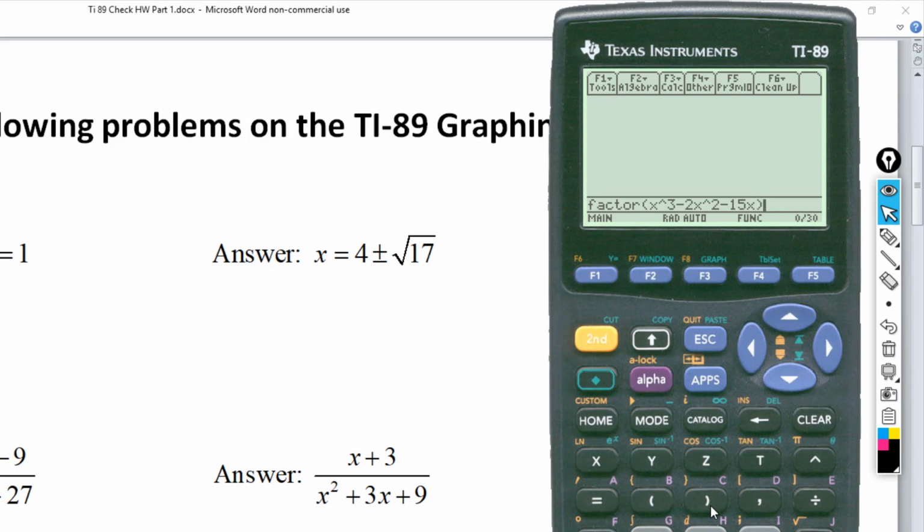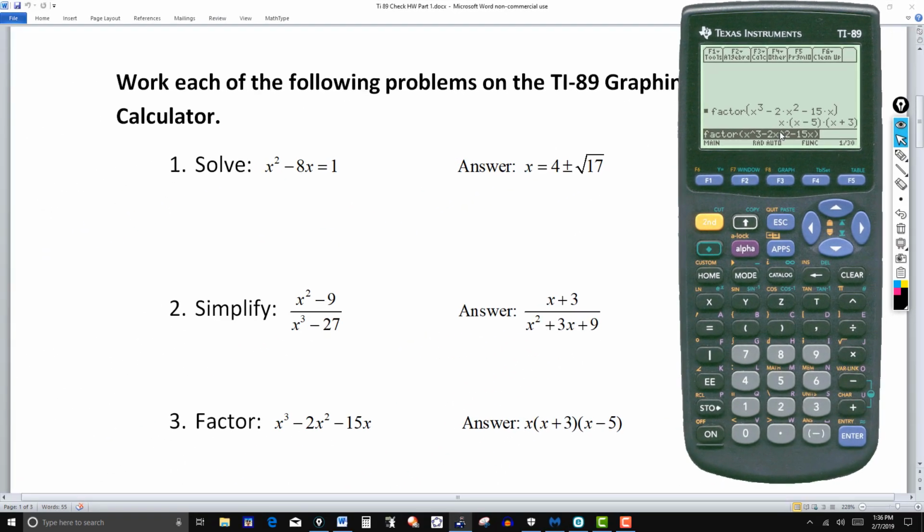Okay, so for the factoring you can see that I don't have to indicate the variable. If you're solving an equation you do. So those are the factors. X minus 5, x plus 3. The order doesn't matter here, okay? Over here I have x plus 3, x minus 5. But those are the factors.